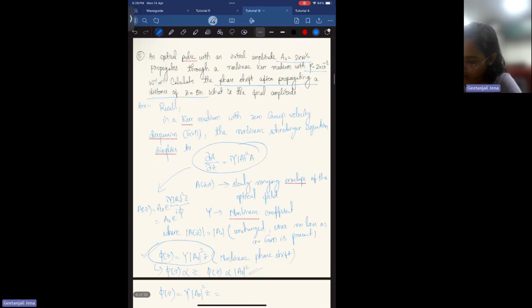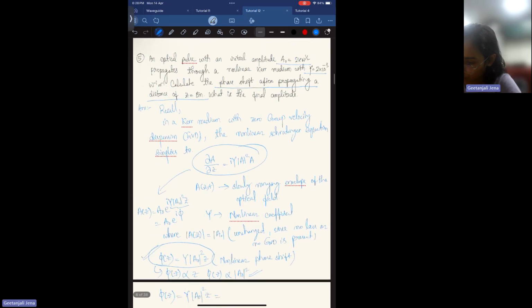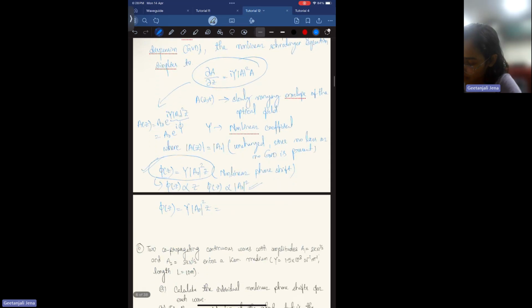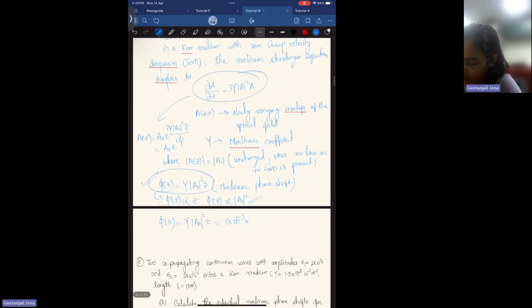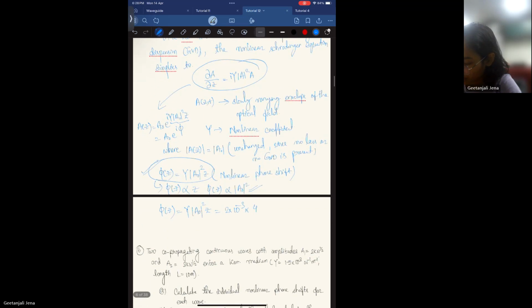Gamma is 2 × 10^-3, A0 squared is 8 × 10^3, and the distance is 5. So this will come around 80 radian.